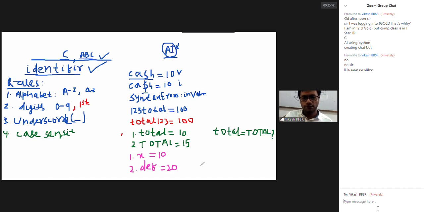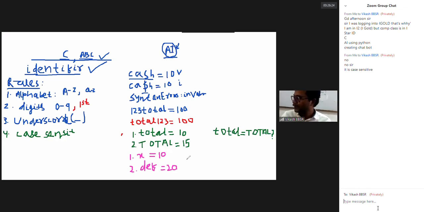Valid or invalid? Are both valid, or both invalid, or is any one valid or any one invalid?